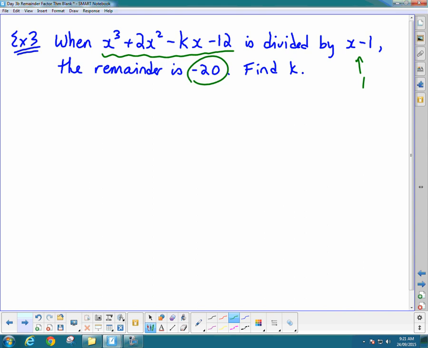So instead of x cubed, it's 1 cubed, plus 2 times 1 squared, minus the k, I don't know that, and minus the 12. If I put in x equals 1, this question is telling me that the answer is negative 20.